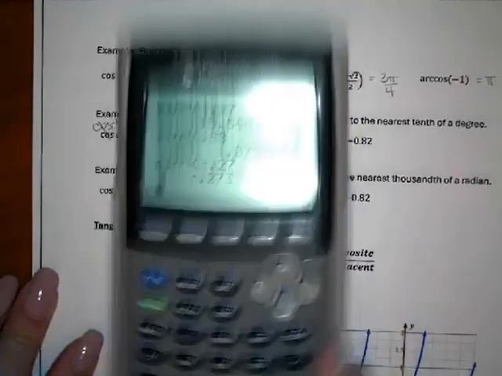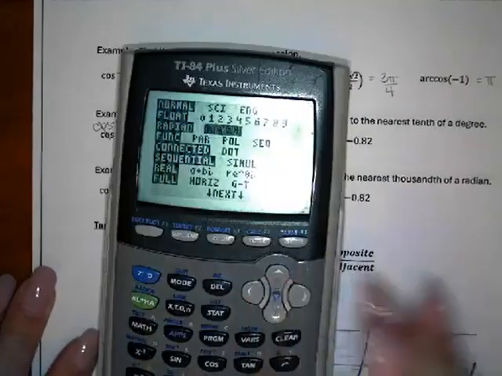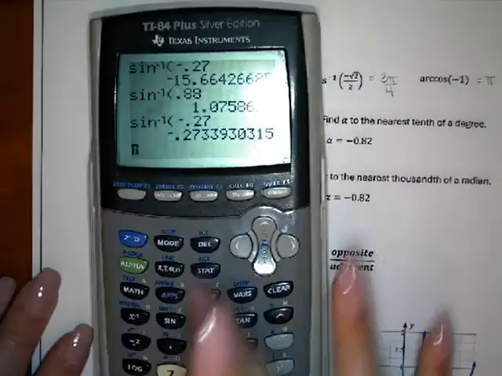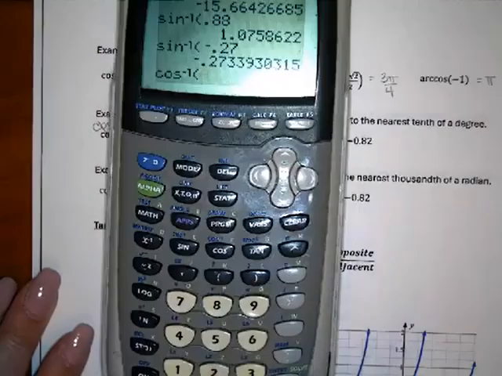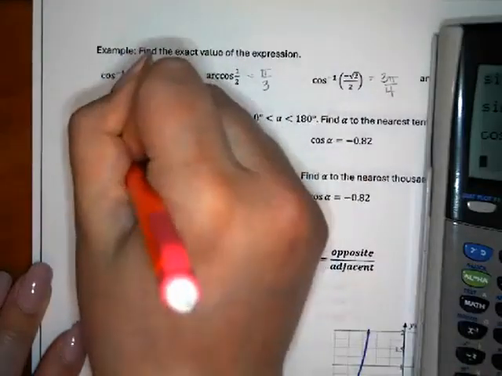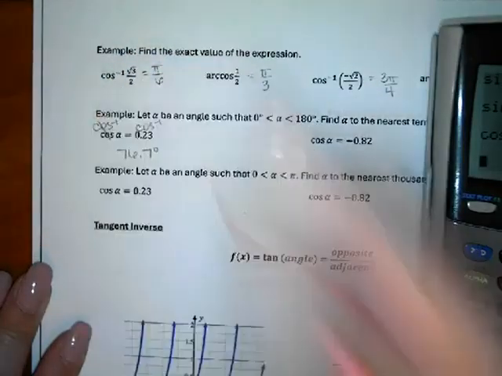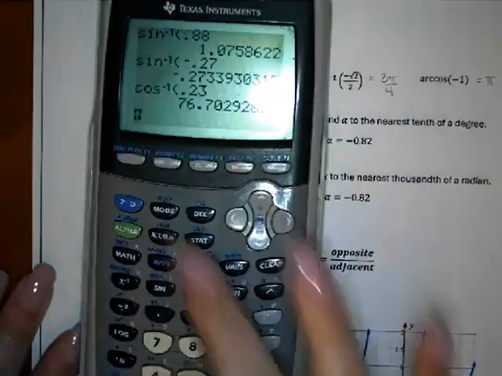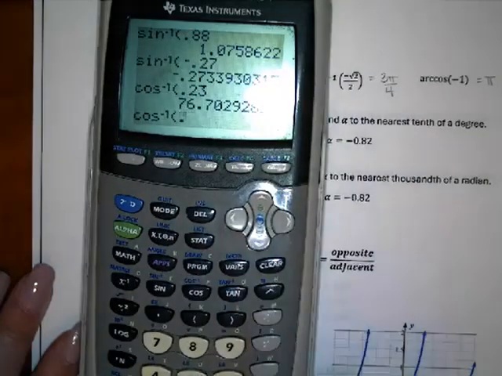I'll change the mode so that I'm in degrees. So cos inverse of 0.23, 76.7. And then cos inverse of negative 0.82, 145.1 degrees.